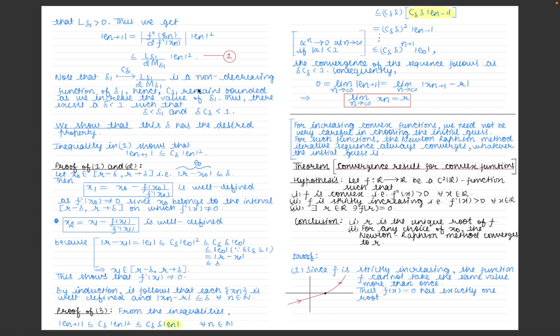But there is a certain class of functions for which we do not need to worry about that, and that is precisely increasing convex functions. So we don't need to be very careful in choosing the initial guess.